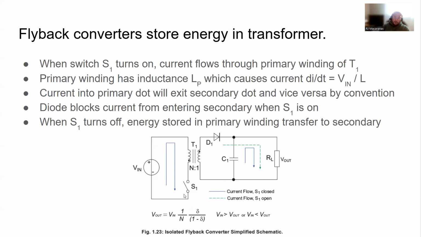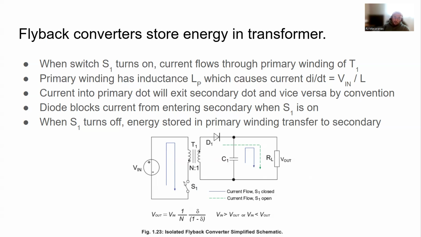And so the way that this works is the switch S1 turns on, right? So we've effectively created a short from here to here. Then current is going to flow through the primary winding of the transformer, T1.